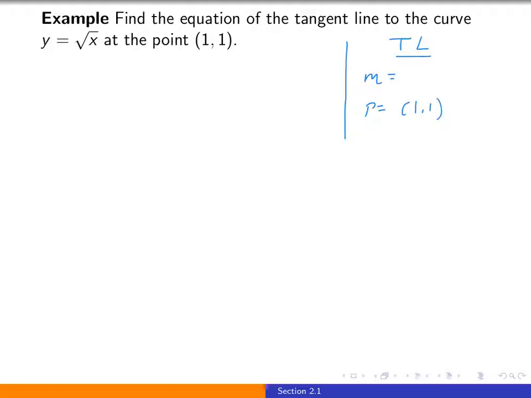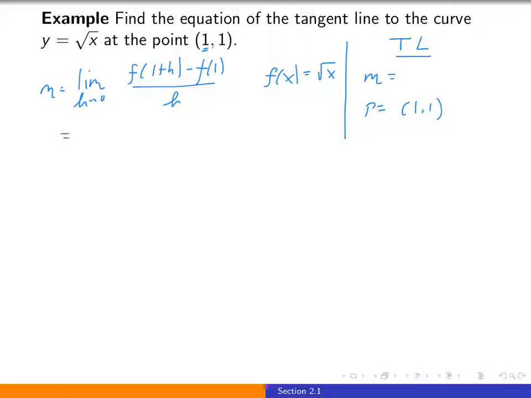and what we need to do is find the formula for the slope of the tangent line. And recall that that formula, since it's at x equals 1, is the limit as h approaches 0 of the quantity f of 1 plus h minus f of 1, over h, where for this problem f of x is the square root of x.